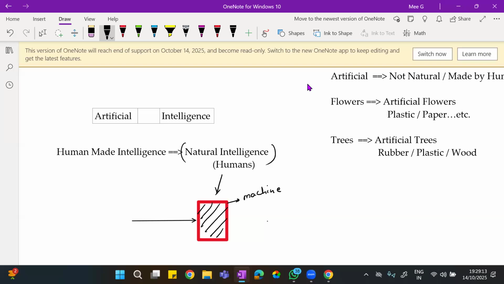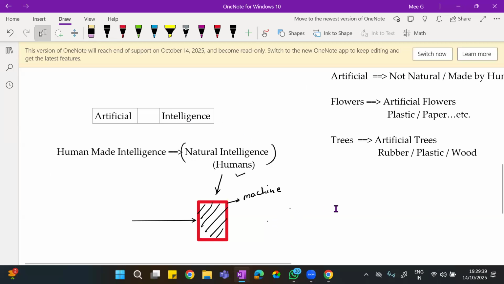Try to understand this once again. Artificial intelligence means the intelligence which is created by humans. We pass it on to a machine, and the machine will become intelligent and start acting like humans. The best example is driverless cars.